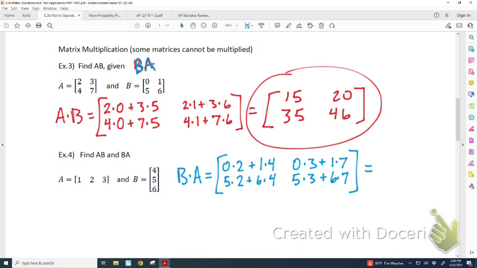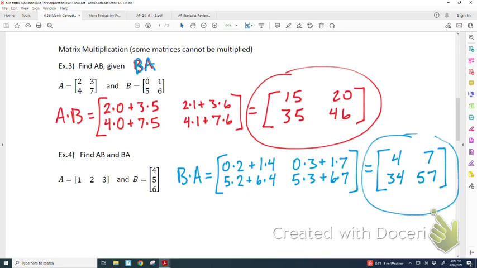And we end up with 4, 7, 34, 57. Very weird pattern. All right, let's try another one. Let's go A times B for number 4.